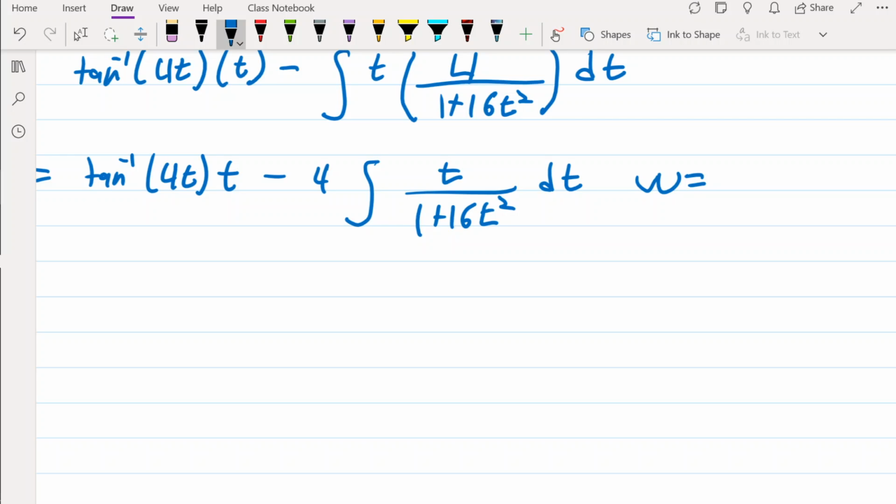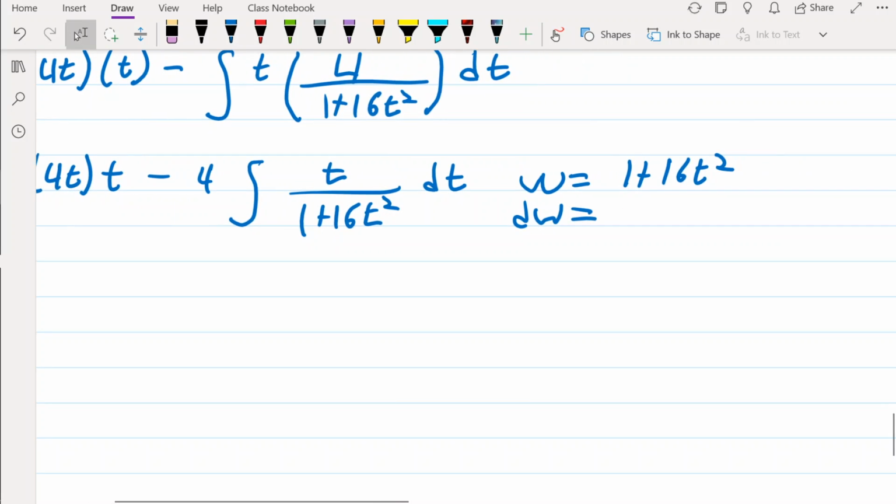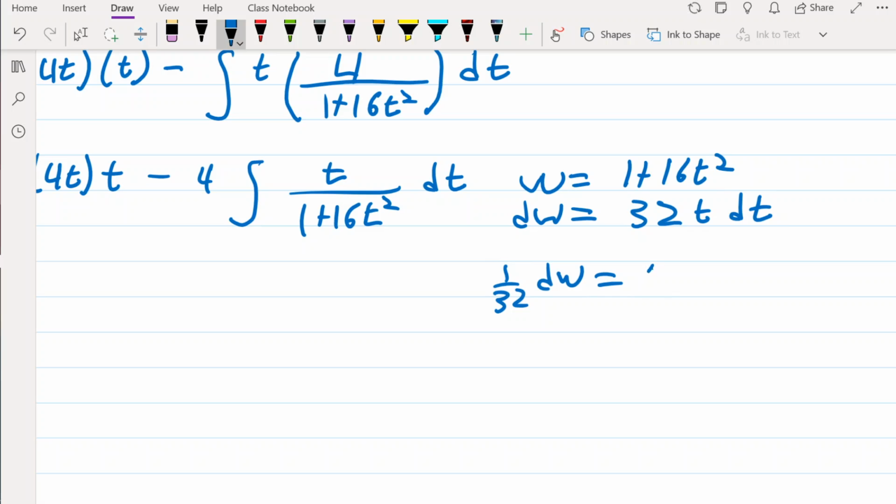We set w equal to 1 plus 16t squared. That means our dw is going to equal 32t dt. And as we have t dt, we're going to have 1 over 32 dw equals t dt.